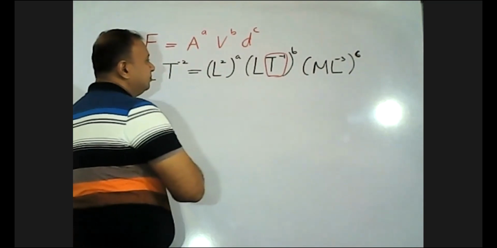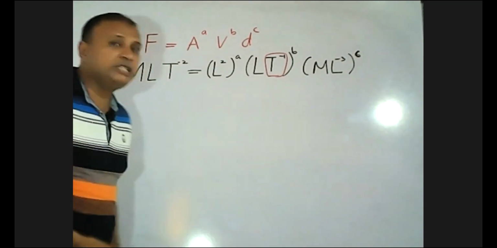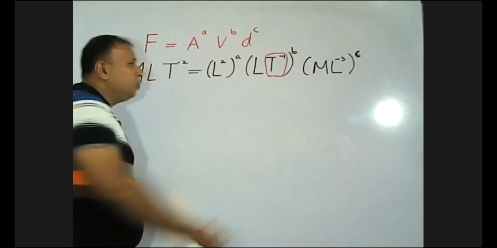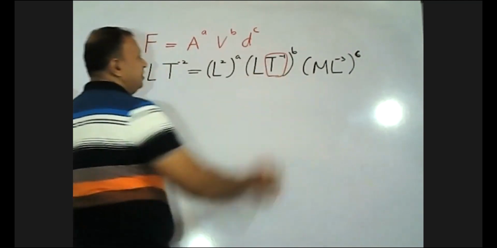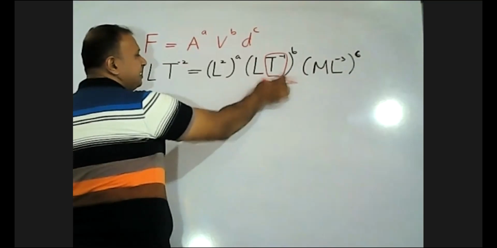The other physical quantities don't have a T value. Therefore, the only T value is in the velocity.